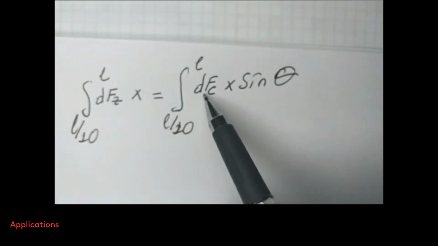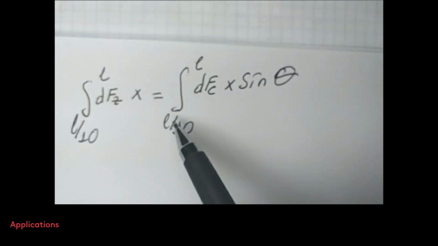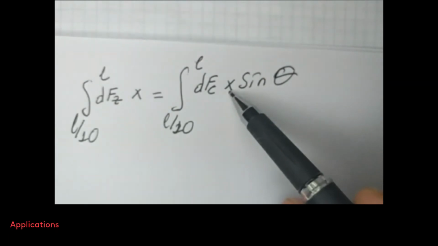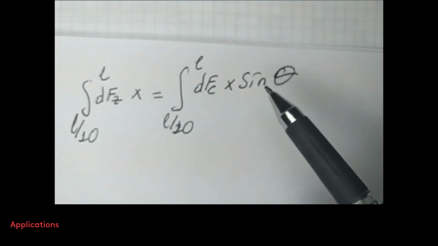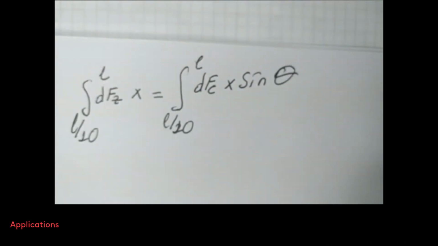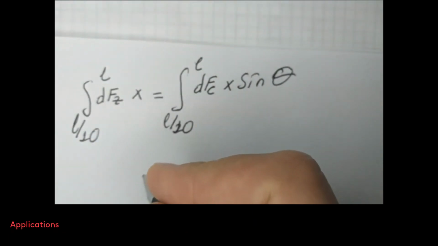Again, this acts along the blade from L divided by 10 to L, and then x multiplied by sine theta, because there is a very small deviation from the chord length.